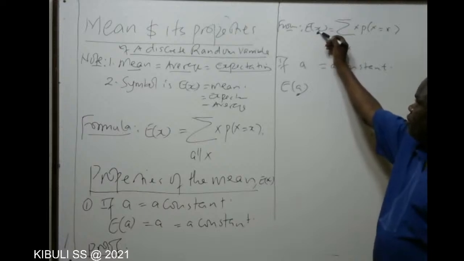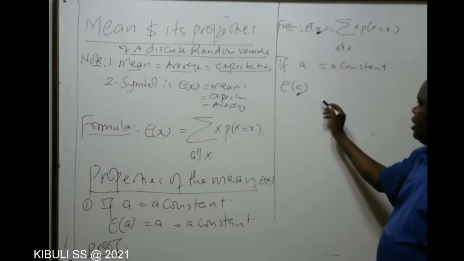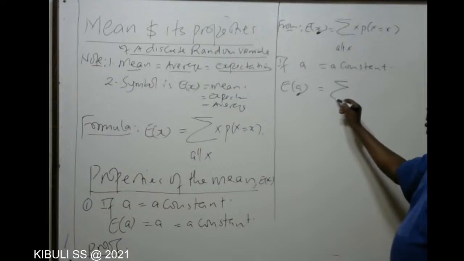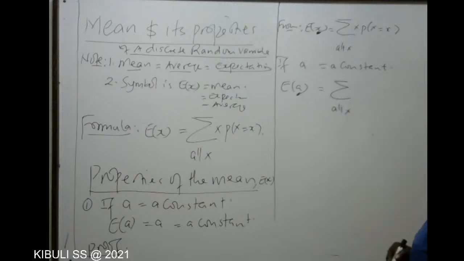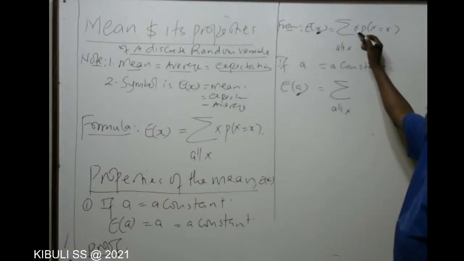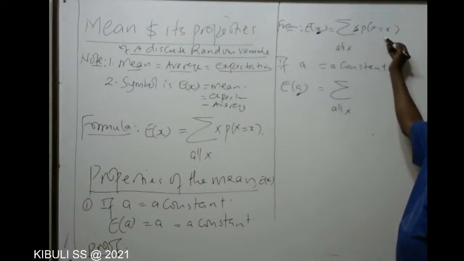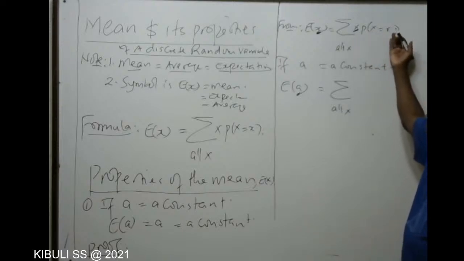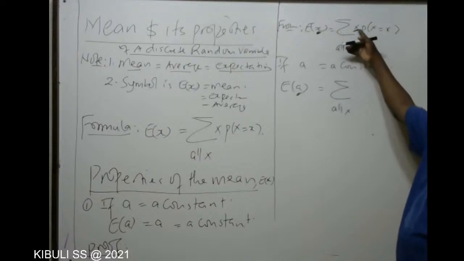So you substitute where you get X, you put your A. So that will be equal to the sum of all of X. When we shall have this X, which is outside the probability, remember the sums of probability is equal to 1, as we discussed last time. So we shall substitute here.